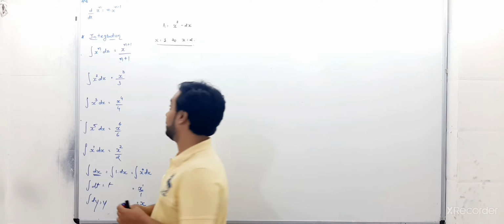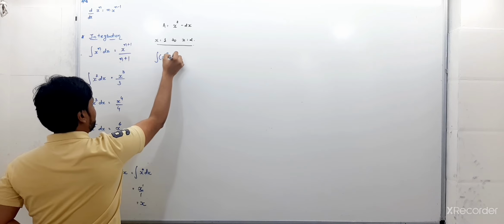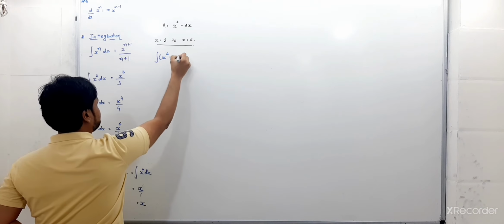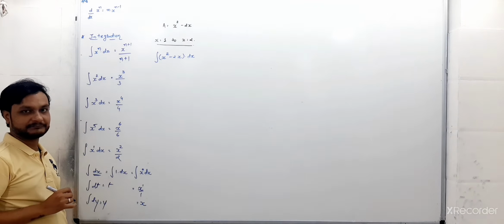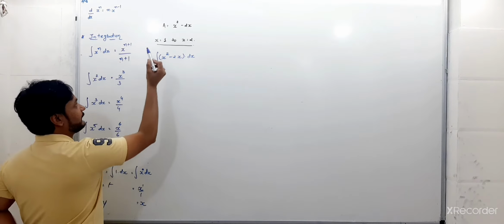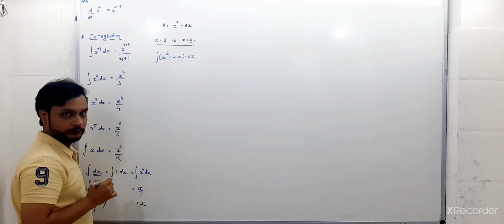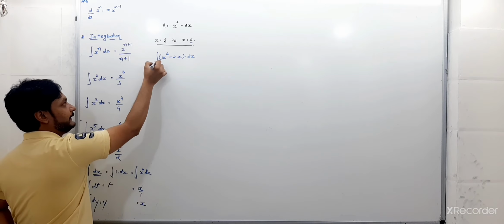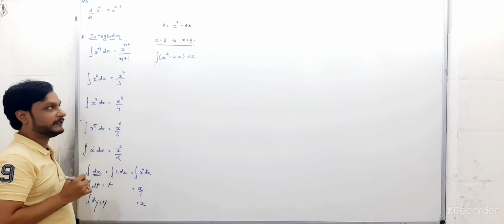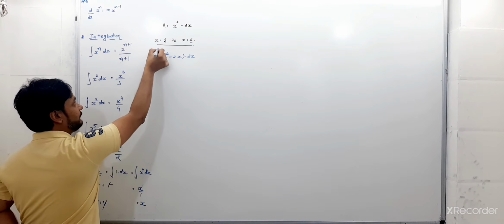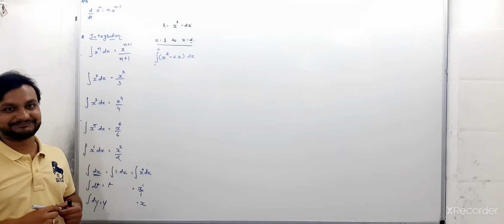So for that, what do we have to do? First of all, take the formula x square minus 2x, multiplied by dx. Now place the limit. Where you are starting, 1, and where you are ending, 2. The starting point must be placed on the lower side and the ending point on the upper side, 1 to 2.